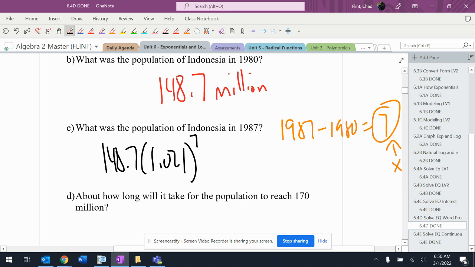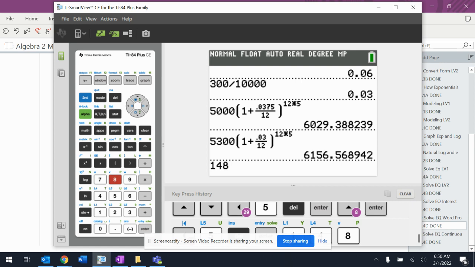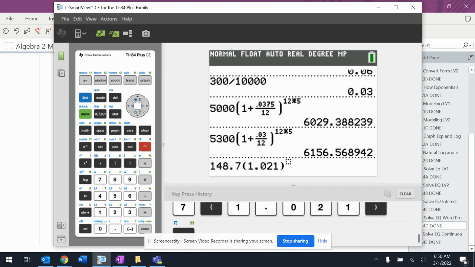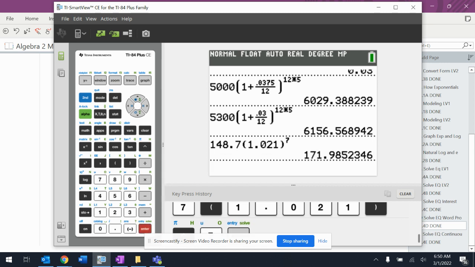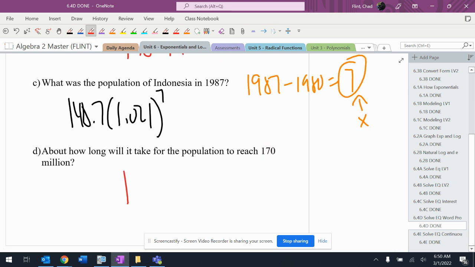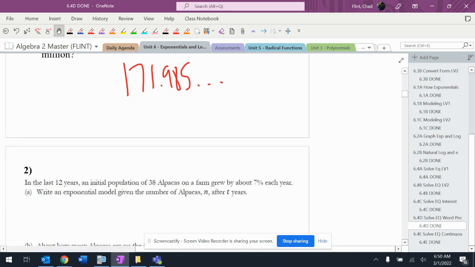So I can go in here, 148.7 times 1.021 to the 7th gives me 171.985. It doesn't tell you what to round to.